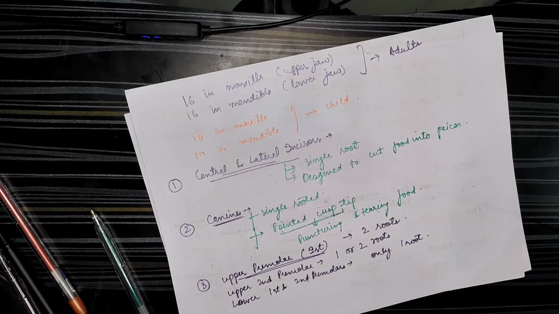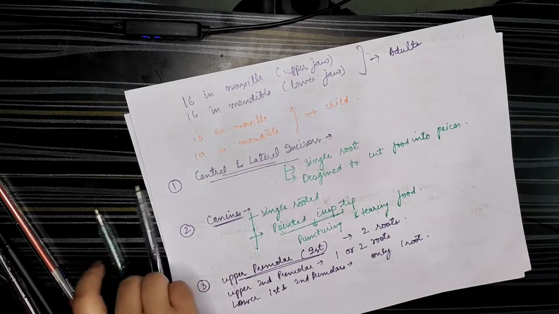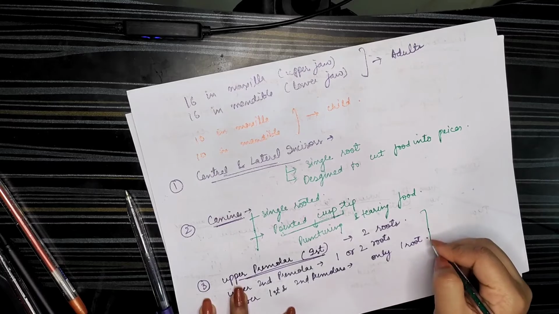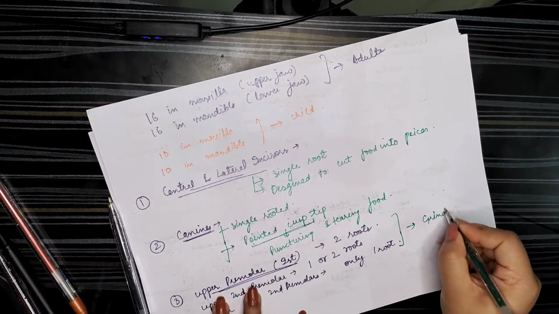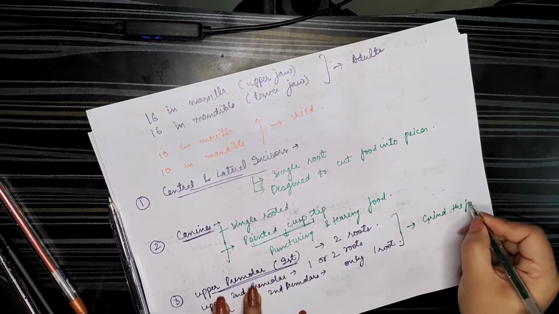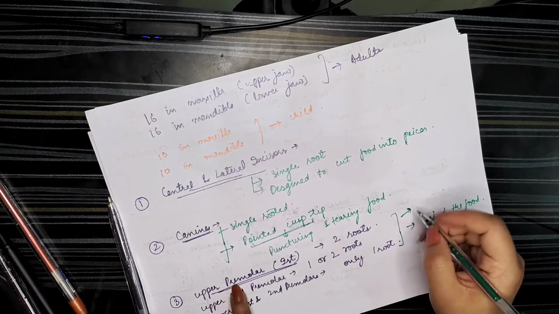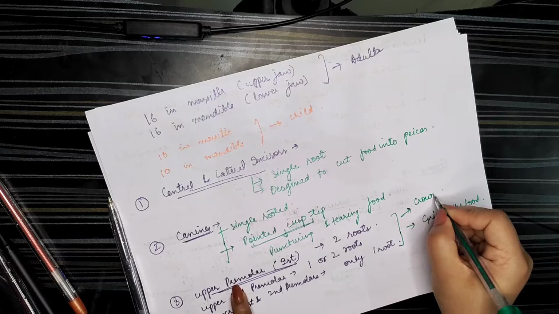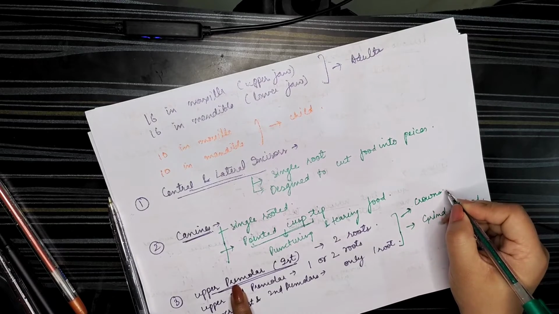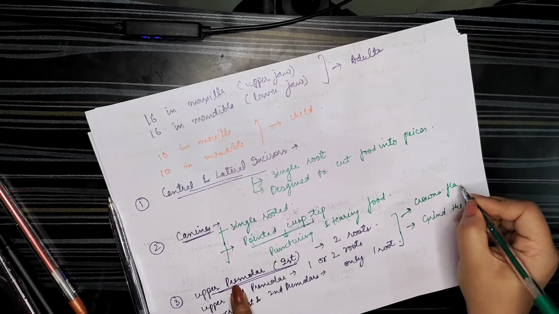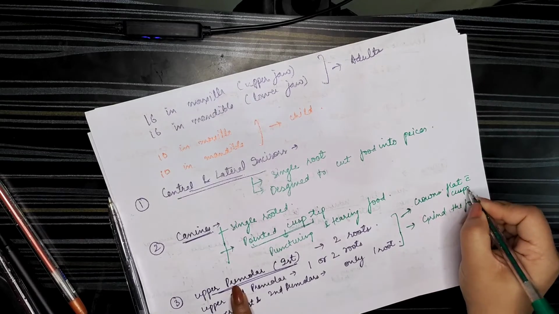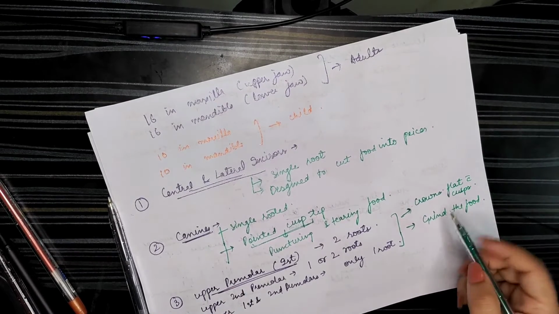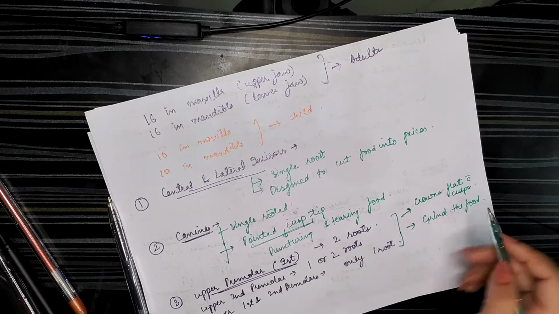Now, the function of all the premolars is to grind the food, as the crowns of premolars are flat with cusps.